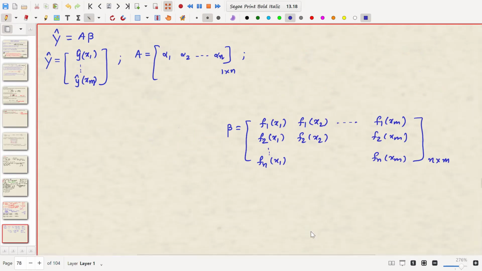Correct now. This is 1 cross n, this is n cross m. So A into beta should result in a 1 cross m vector. Now is it a 1 cross m vector on the left?